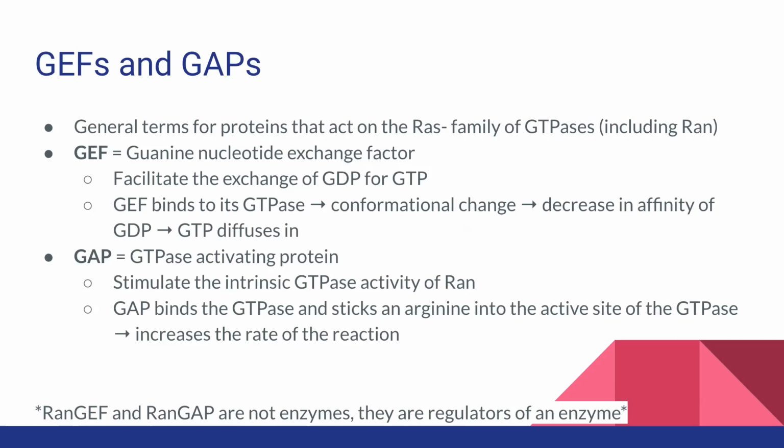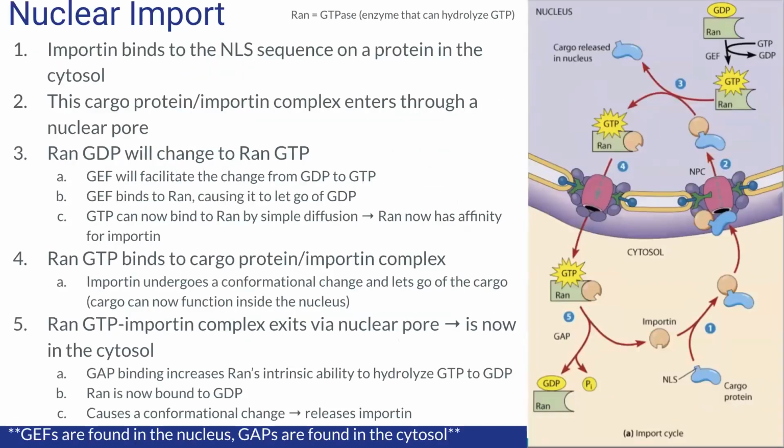If you could go back to the slide with the import diagram, there's the GTP that's going through RAN GEF. Is that the GTP that's binding to RAN, or is that a GTP whose energy is used for the process? That's a good question.